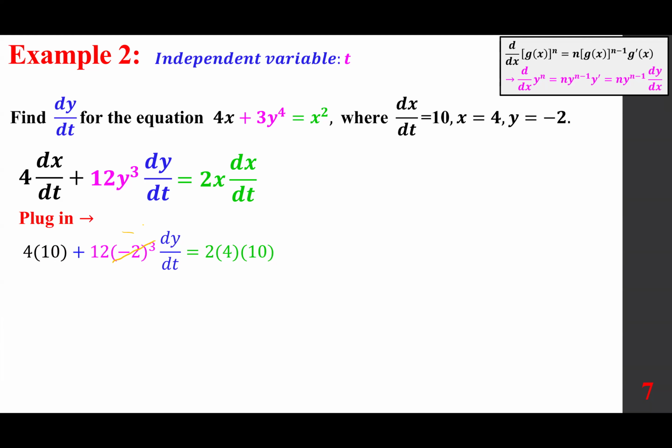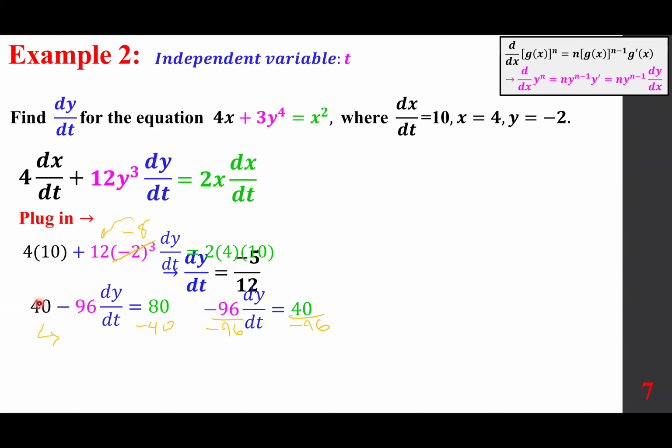Negative 2 cubed, negative 8 times 12, negative 96. So that's what we have. Subtract 40 from both sides. Negative 96 dy/dt is 40. Divide by negative 96, and they are both divisible by 8. We get minus 5 over 12. That is the final answer, everybody.